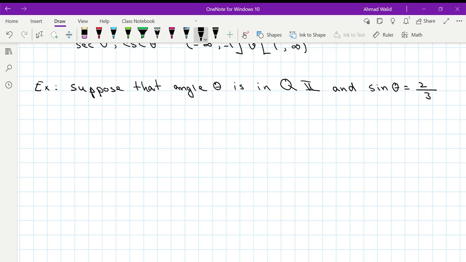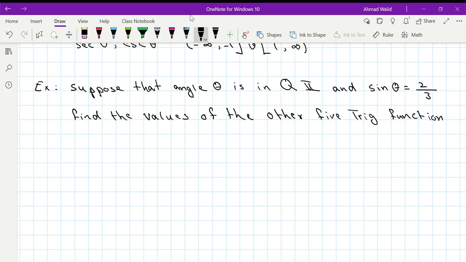Find the values of the other 5 trig functions.